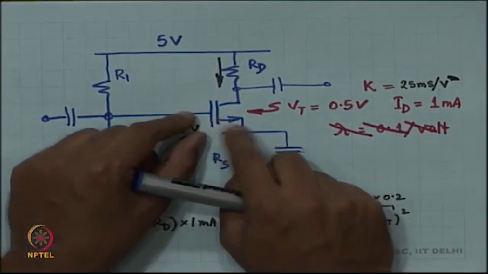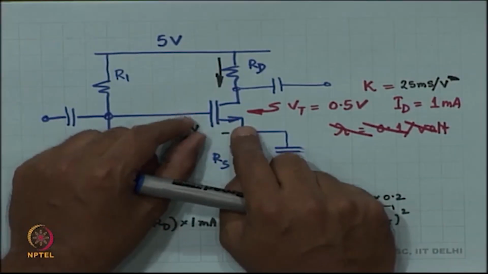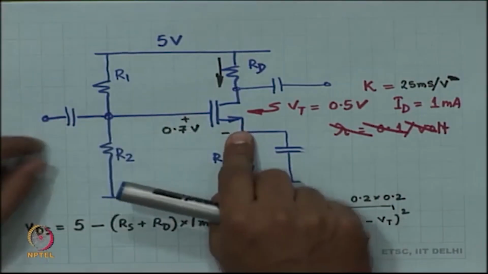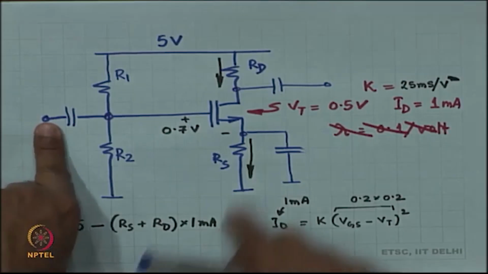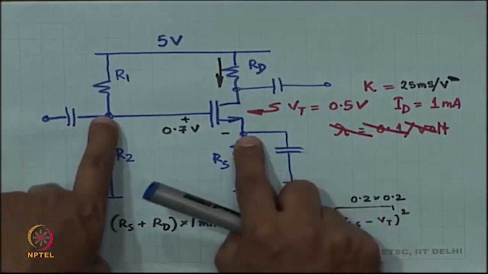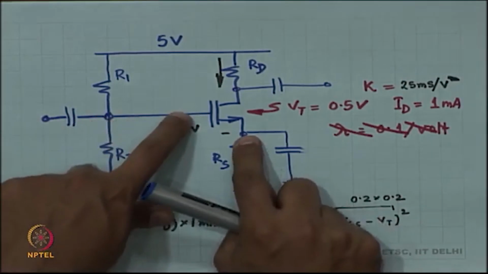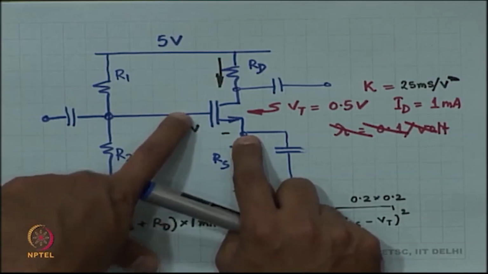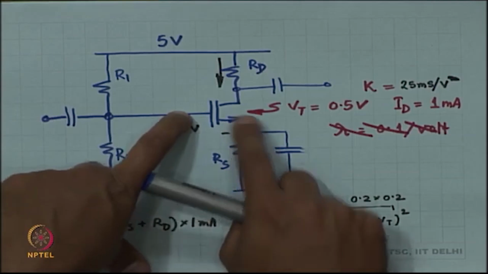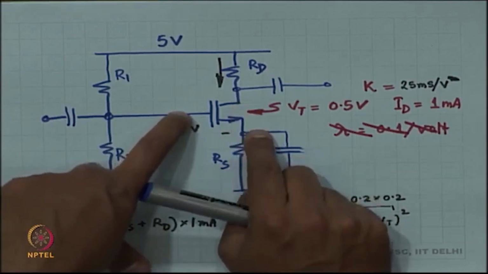So, there is a GM current which is caused by VGS. If I incrementally change the voltage at the gate, at the source the voltage is constant. So, this VGS is an incremental change across the MOSFET. This creates an incremental change in the current, right. How much?